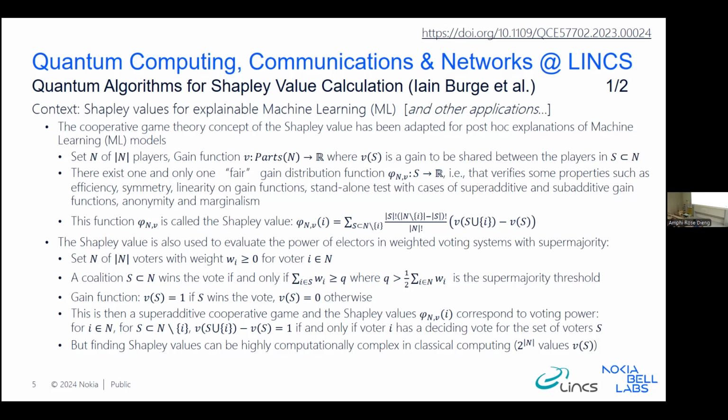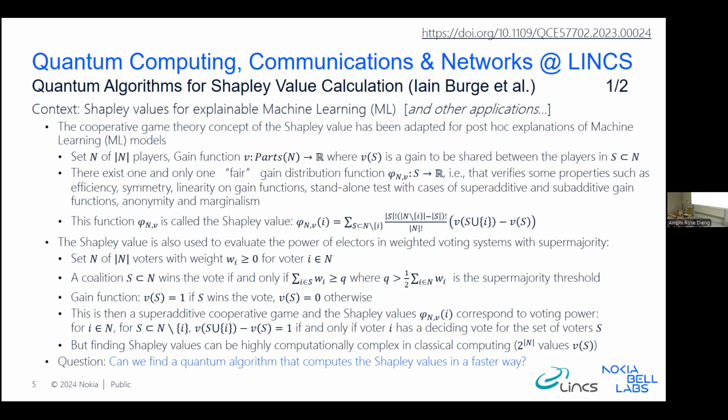This explains why the Shapley value can be interpreted as an indicator of the power of voter i in the whole set of voters. As I said, it's quite complex to compute, because if you want to do it classically and naively, you need to evaluate 2 to the power n values of the gain function.